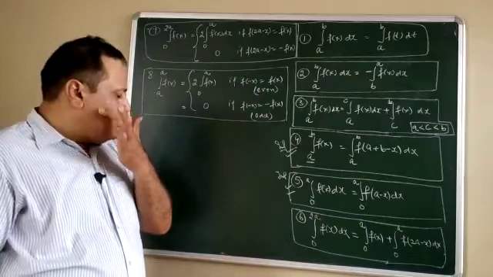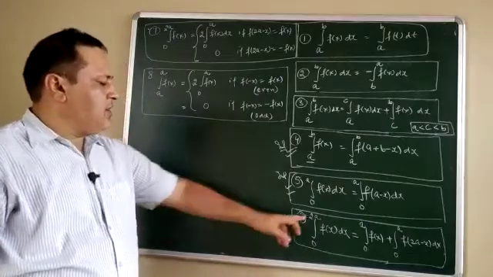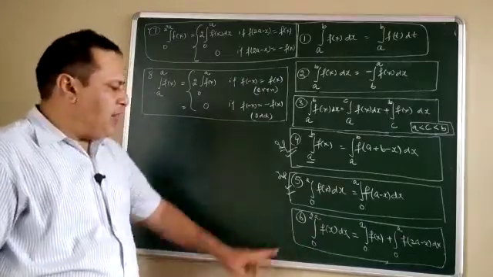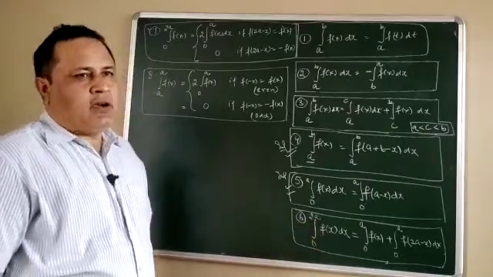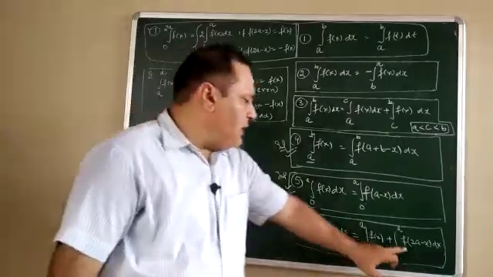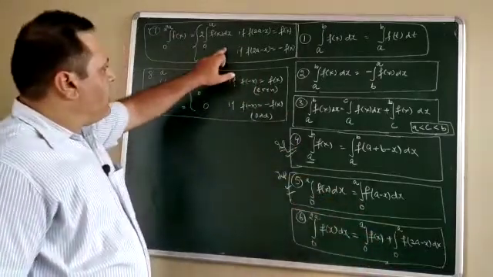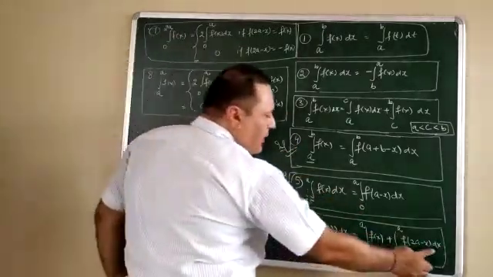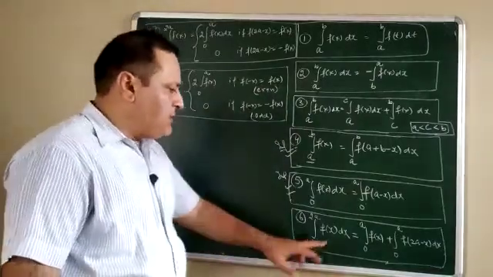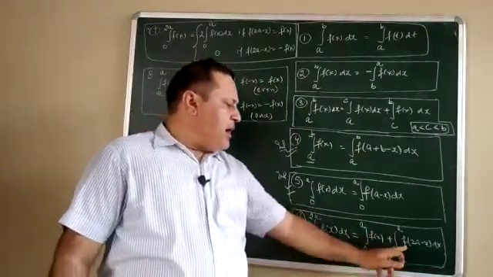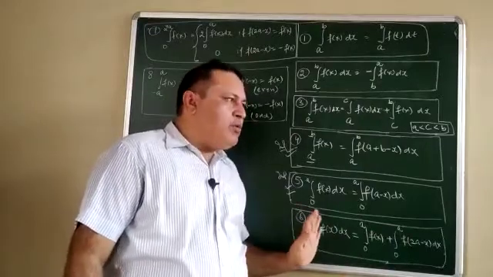Especially this property is used when you have a function with a power, and after the implementation of this 2a minus x, there is no change in the function. See this one, its property is the same. If this 2a minus x gives its response negative, meaning minus of f of x, then this plus f of x, it is minus f of x, and the result becomes equal to 0.